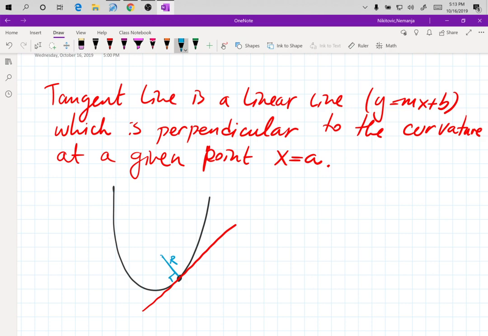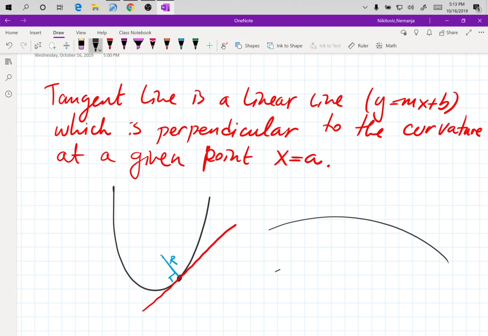The tangent line also shows us the direction and the velocity for a moving vehicle on the given path. So if you want to involve a little bit of physics over here, you have the curved path of some kind, and there is a car right on the road.